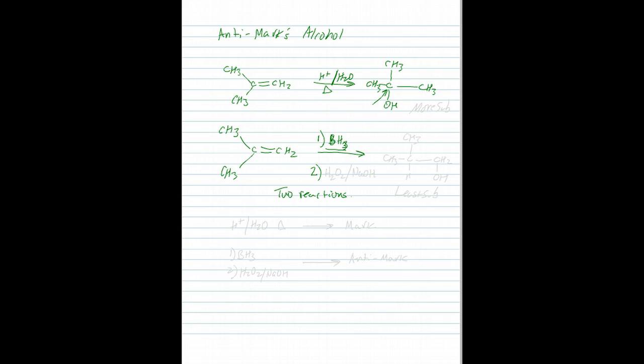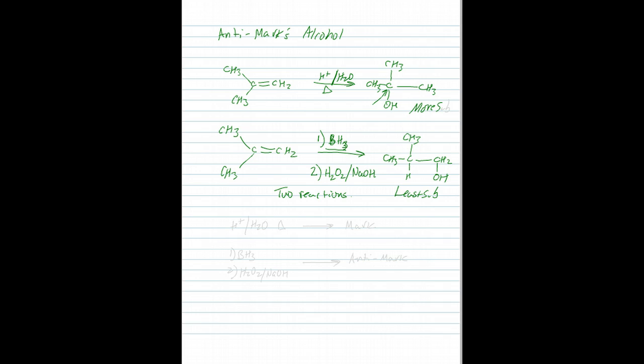The second reaction is using hydrogen peroxide in sodium hydroxide. These are the 2 reagents that you use, and what you get in this case is the opposite compound. You get the OH on the least substituted.